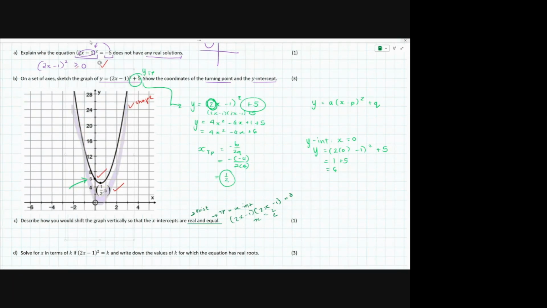All that's happening there is I'm taking this graph and shifting it 5 units down, because I now want this y coordinate to be on the x-axis. So I now want my turning point to be at a half, 0. So my description is quite literally 5 units down. That's it.